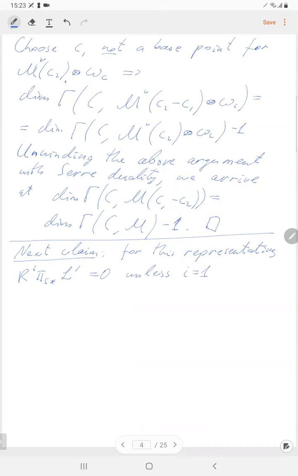So once again, we know this statement for a general fiber, and now I make this claim for the sheaf on the base of projection.